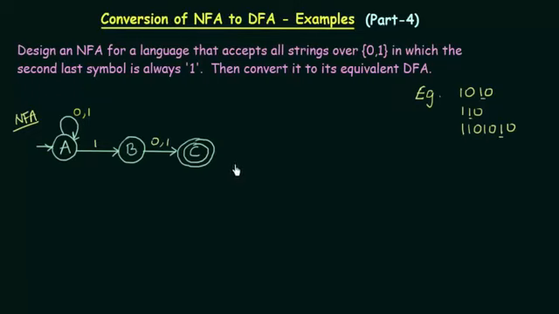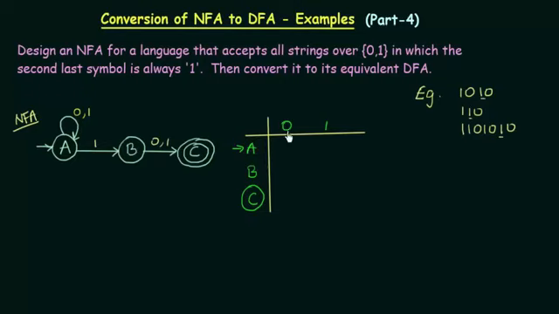Now we'll draw the state transition table for this. In this table, I will have my inputs, which are 0 and 1, and then I'll have my states. A is the starting state, so let me give this arrow, then B, and then C. C is the final state, so I'll give a circle around C. Now let's fill up this table.